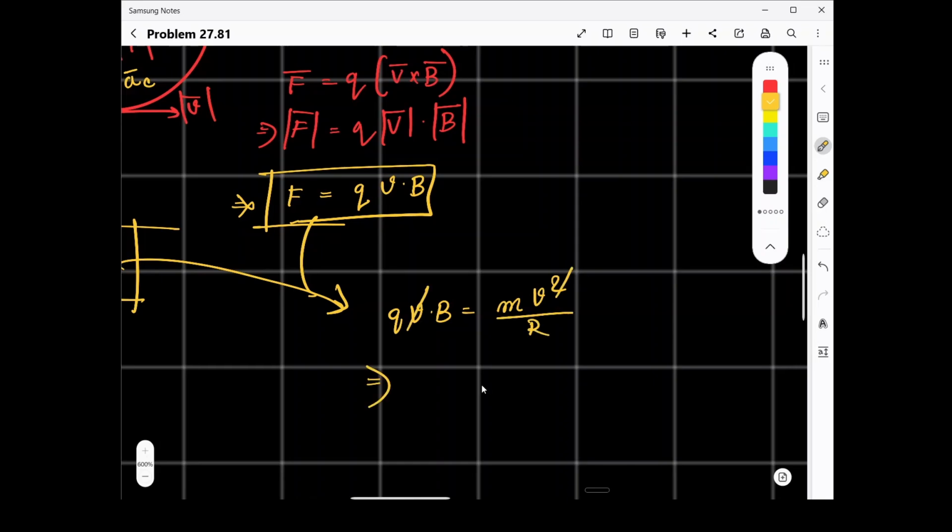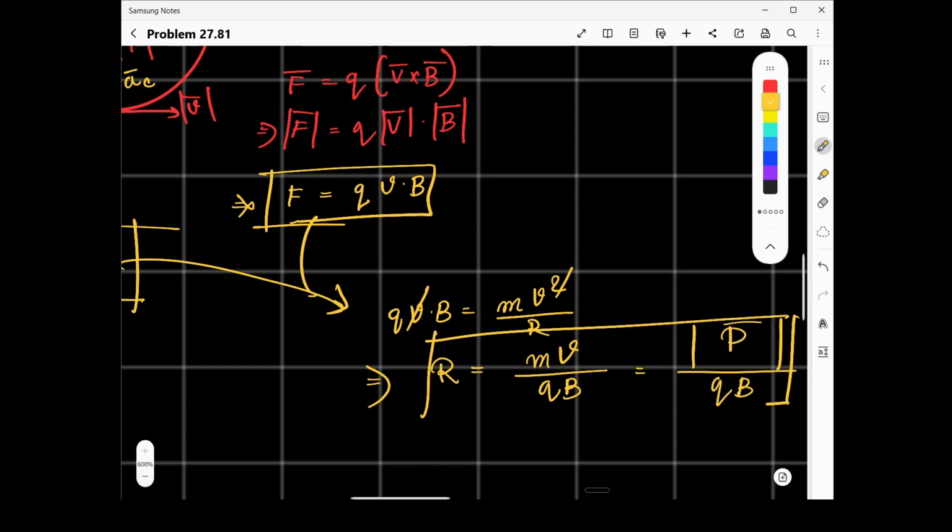One v cancels out. So we get that r, the radius of curvature, is equal to mv by qB, which is the magnitude of the momentum of the particle, so p by qB. We have to calculate this r in question A.